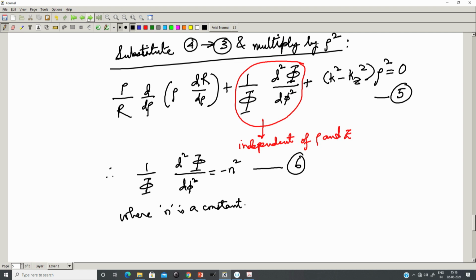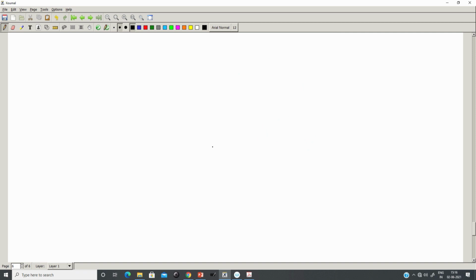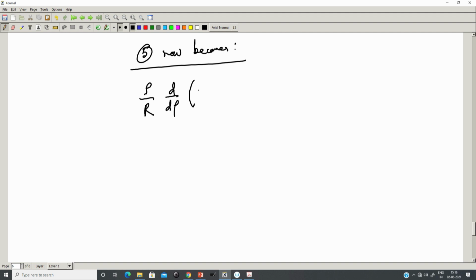Using equation 6, 5 can now be written as rho by r d d rho of rho dr d rho minus n square plus k square minus kz square rho square equal to 0. Plain and simple algebra.